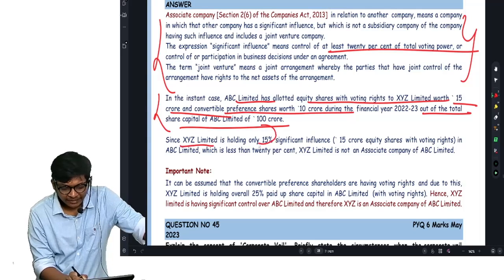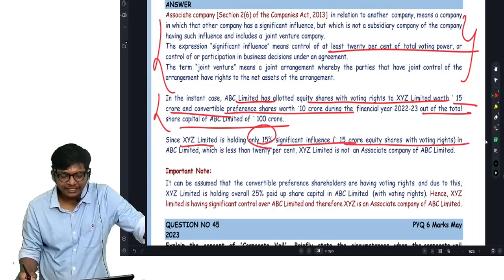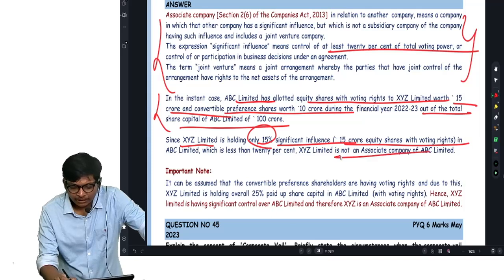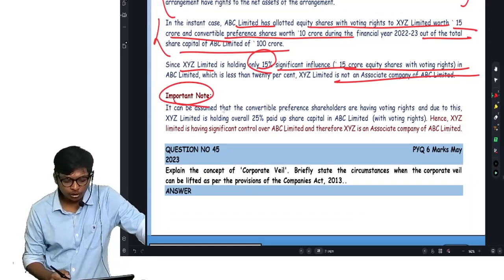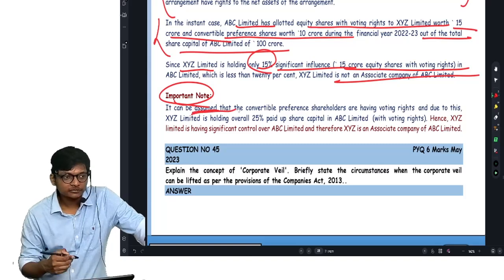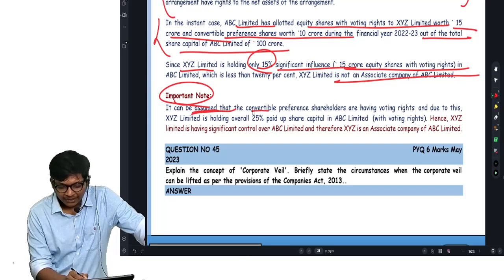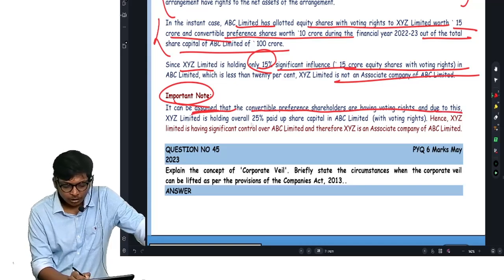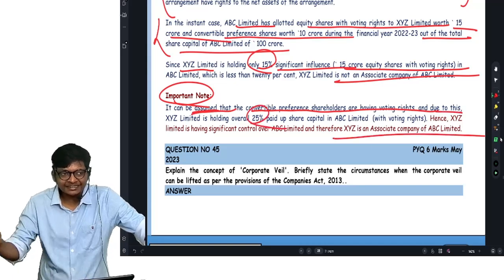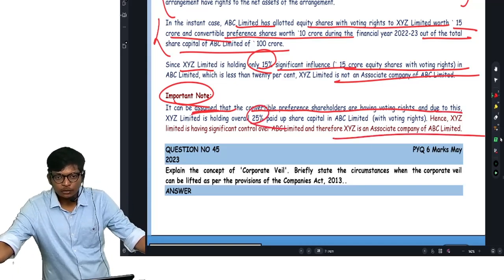Since X had only 15% significant influence, they are taking only equity shares. They are saying it is not an associate, but they have given an alternate assumption. Important note: it can be assumed, ICAI answer, that convertible preference shares have voting rights, due to which the overall percentage is 25. It can be taken as an associate. Are you following, guys?